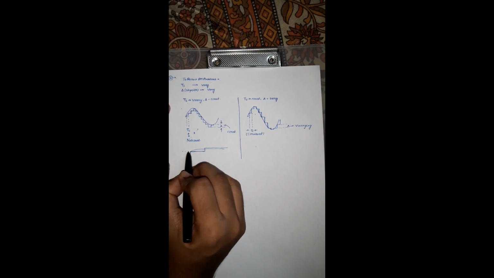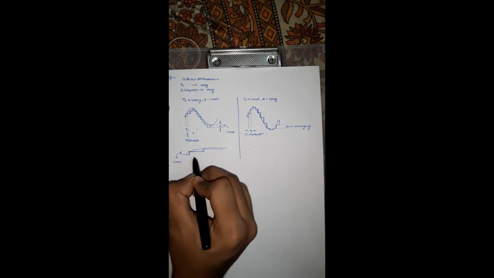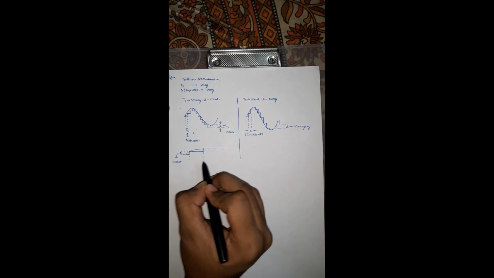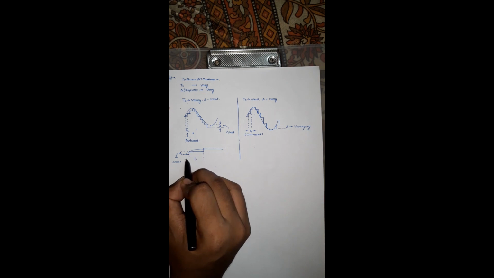You can see that the step size, that is the delta, is constant, but the TS is varying.